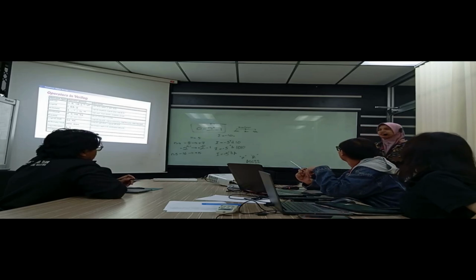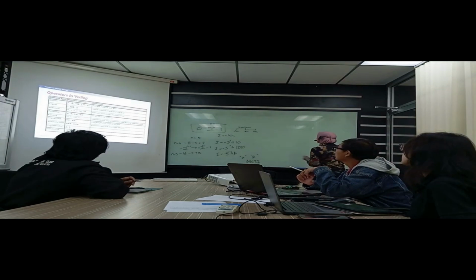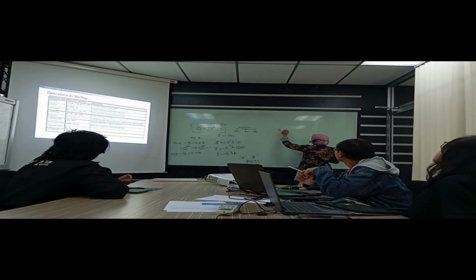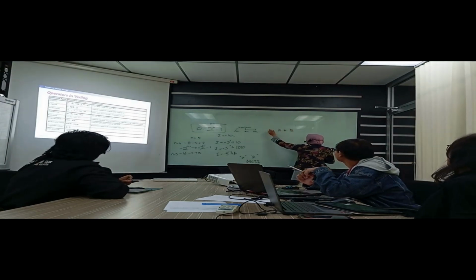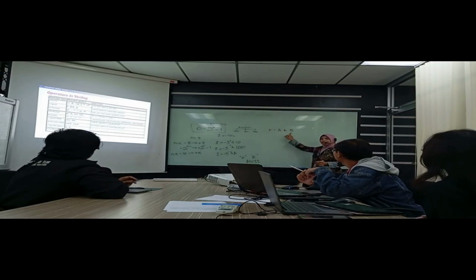The output will follow the operand. Let's say F equals A and B, where A is 4 bit and B is 4 bit, they must be the same bit. So F must be 4 bit.